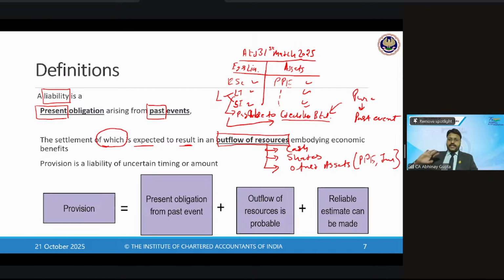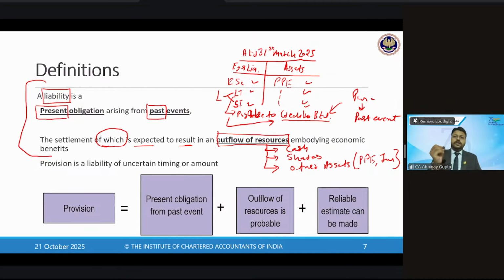Acceptance or non-acceptance is B Limited's decision. But there would certainly be some outflow of resources from my side, in the form of cash or other assets, to B Limited in order to discharge this liability. So this is called the liability. This is the technical definition of liability, right?